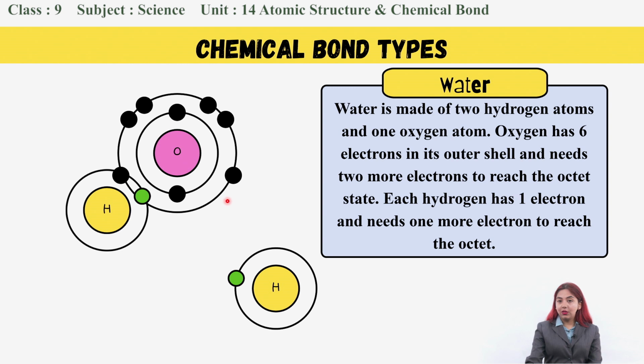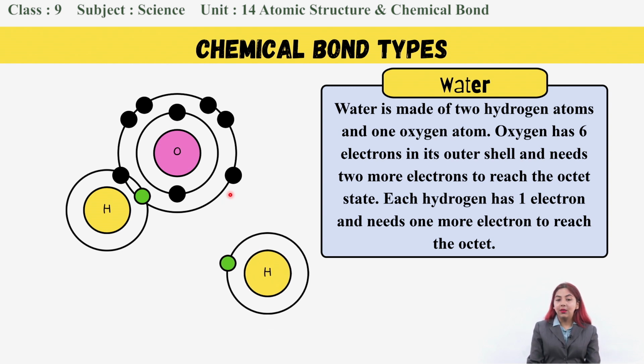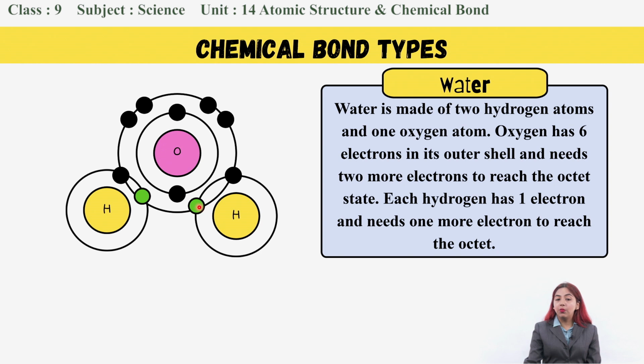It has not reached the octet state yet. So another hydrogen atom again shares its outermost electron with the oxygen atom, and now this hydrogen atom also reaches the duplet state and the oxygen atom also reaches the octet state. Hence, this is how a water molecule is formed.